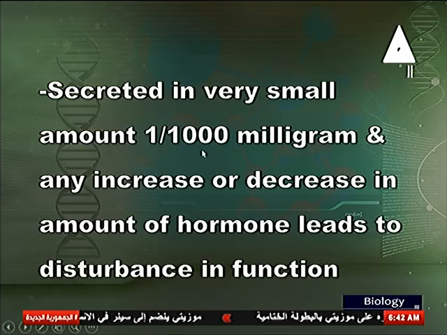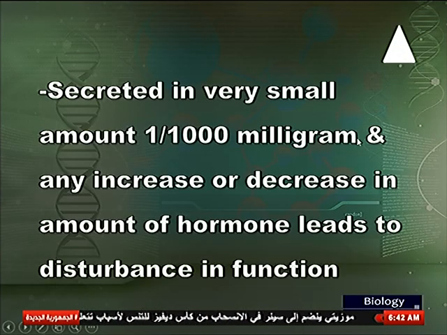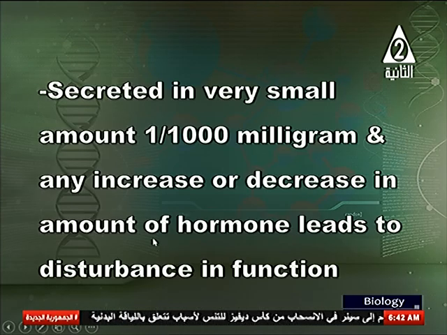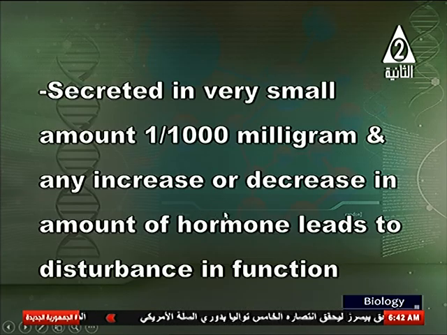Hormones are secreted in a very small amount, 1 per 1,000 milligram. Any increase or decrease in the amount of hormone leads to disturbance in the function, malfunction, which causes a disease depending on the age or the amount of increase or decrease.